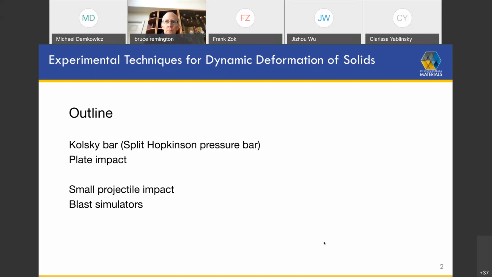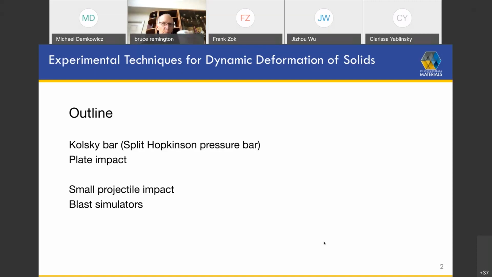Now, the second group are ones that are less commonly used, but I thought I would include them because they are useful in many instances where the more traditional tests like the Kolsky bar and the plate impact don't give all of the requisite information about dynamic response of materials and structures.